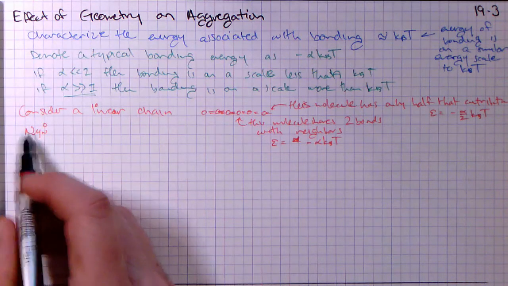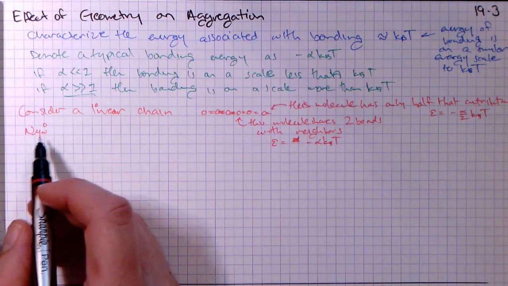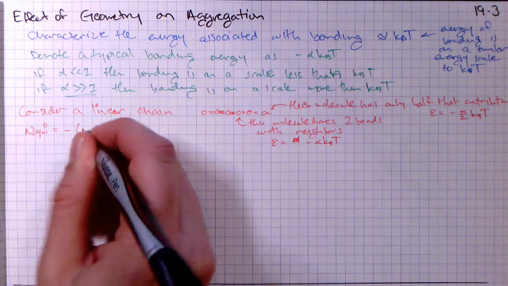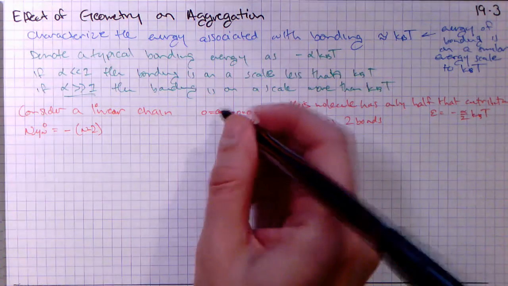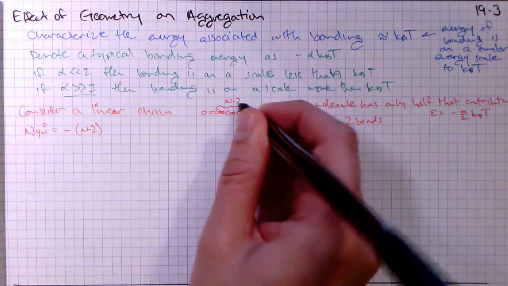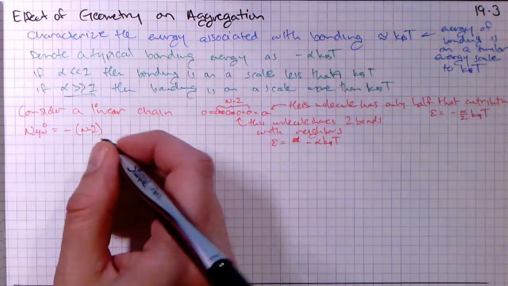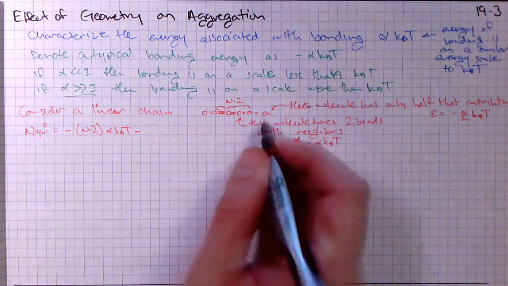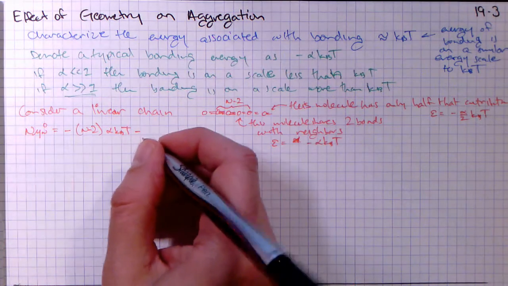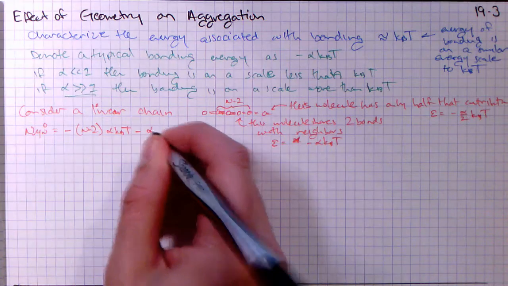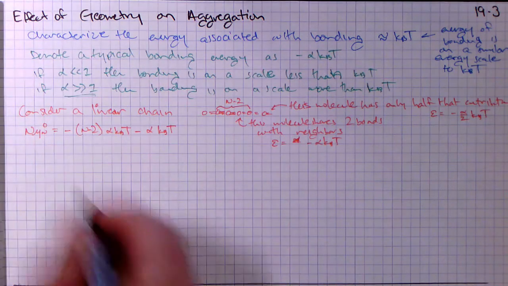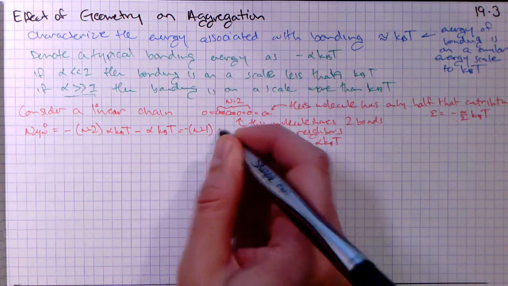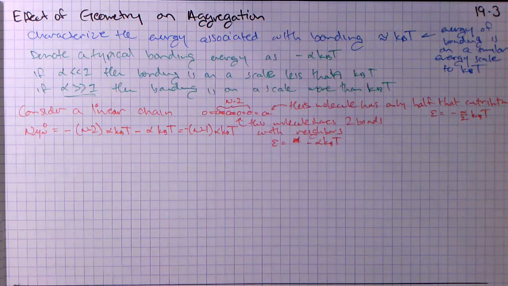That is, each molecule is being assigned some amount of energy that it's getting from the bonds, and that would be minus n minus 2, for the number of molecules that are in the middle of the chain, times alpha kBT, and then minus 2 molecules that each have half alpha kBT, so minus alpha kBT. So the total here would be minus n minus 1 alpha kBT.